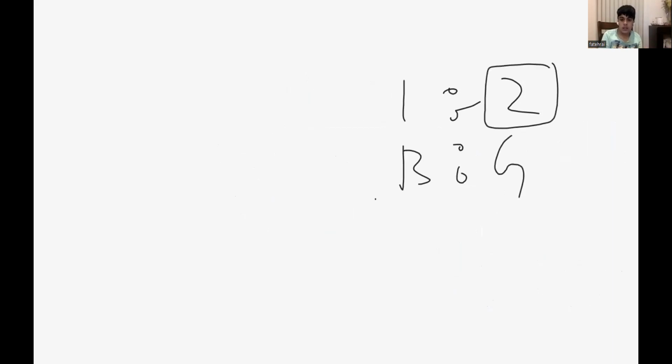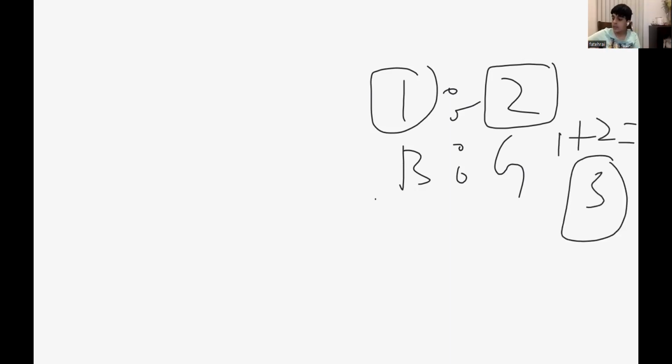If I say 1:2, this is the boys to girls ratio, meaning for every 2 girls there is 1 boy. So adding 1 plus 2 does not give me the total number of boys and girls in the class. It gives me a particular composition: if I take 3 parts of the total population, then out of these 3 parts, 1 part will be boys and 2 parts will be girls. 3 is not the total number of students in the class.